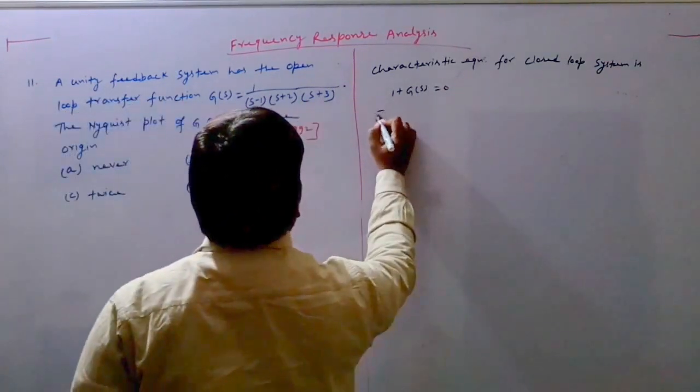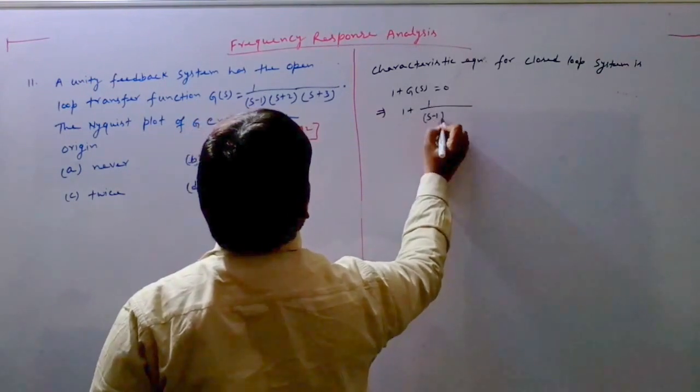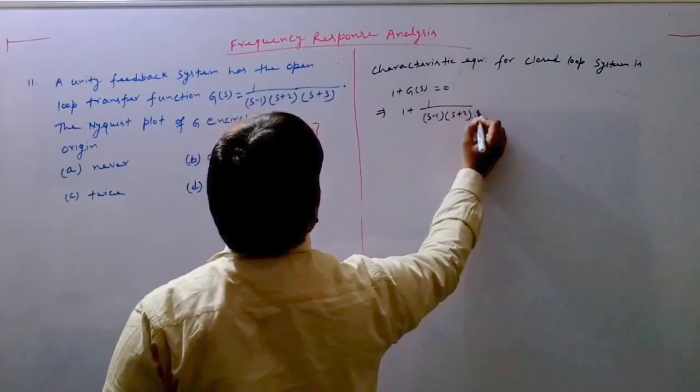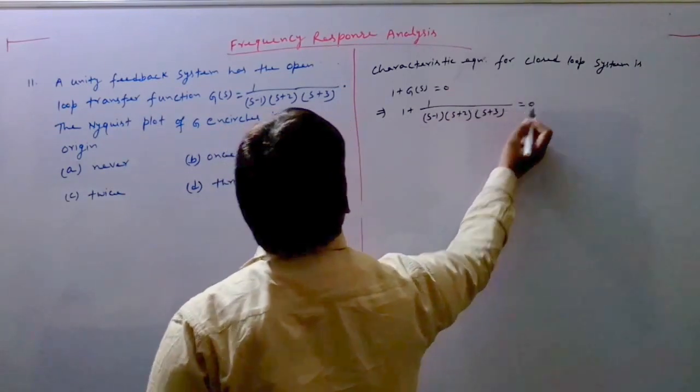So 1 plus 1 by (s minus 1)(s plus 2)(s plus 3) equal to 0.